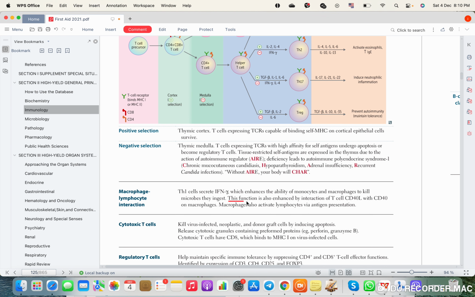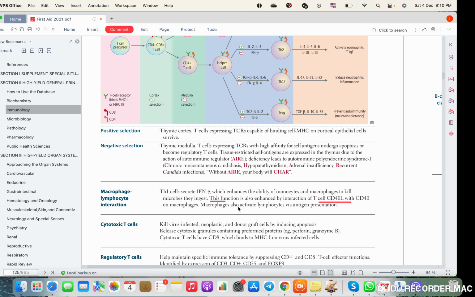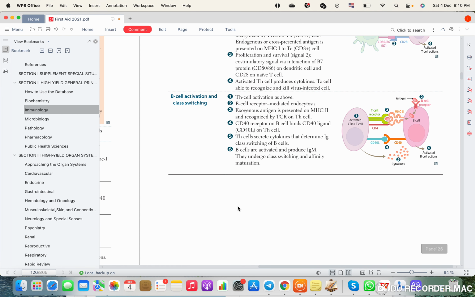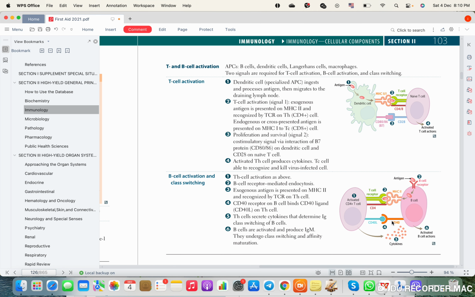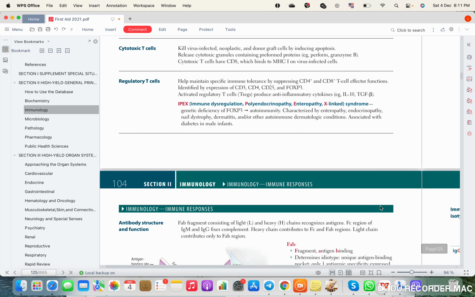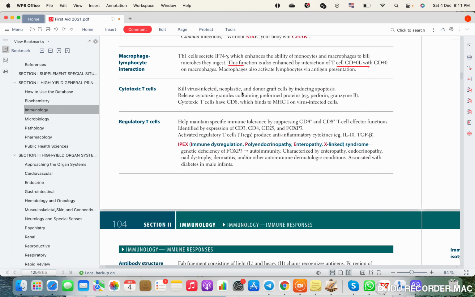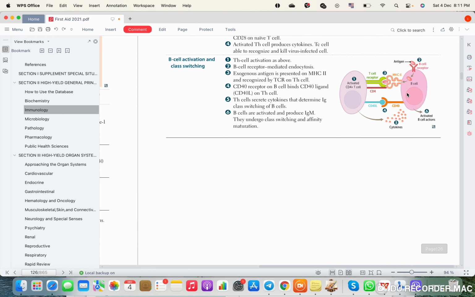So let's keep going. This function is also enhanced by interaction of the T cell CD40 ligand with the CD40 on the macrophage, which is in this picture. Where is it? Yep, it's here. We'll speak about it in a moment. Macrophages are also activated by lymphocytes via antigen presentation. So macrophages can be enhanced in multiple ways, either by antigen presenting cells, like this.